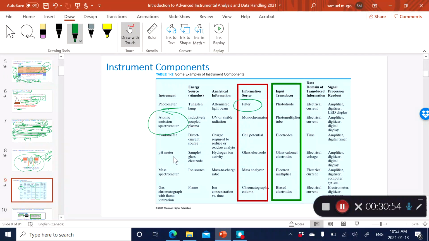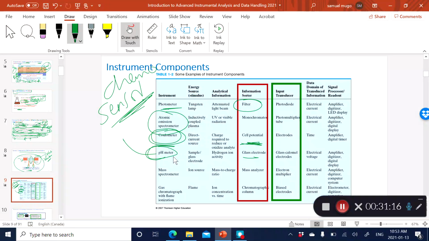If you're dealing with, say, a coulometer, the information sorter in that case is a cell potential. If you're dealing with a pH meter, remember this one is a sensor actually. It's a chemosensor because you're not really using a biological specimen. The information sorter in the case of a pH meter is a glass electrode.